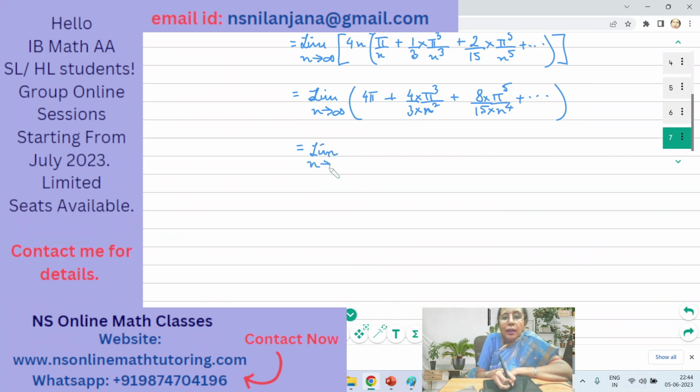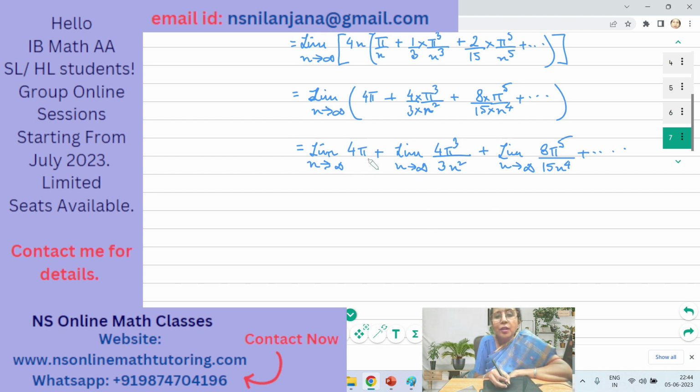Limit n tends to infinity 4 pi, plus limit n tends to infinity 4 pi cube over 3n squared, plus limit n tends to infinity 8 pi to the power of 5 over 15 n to the power of 4 plus dot dot dot.